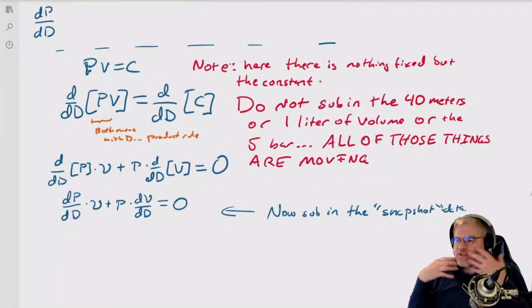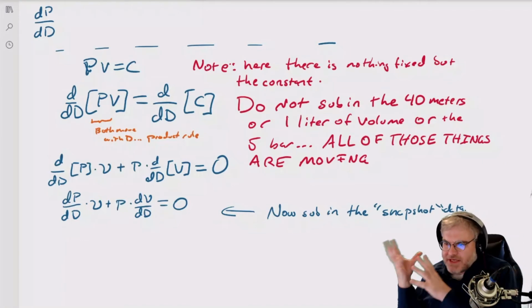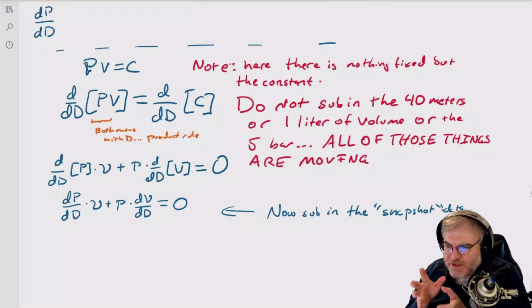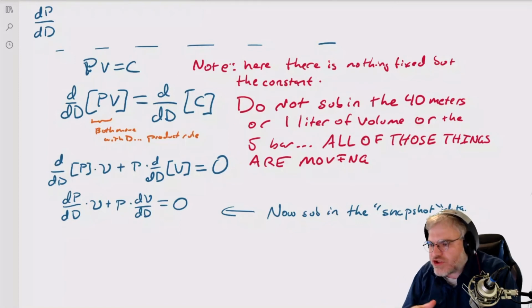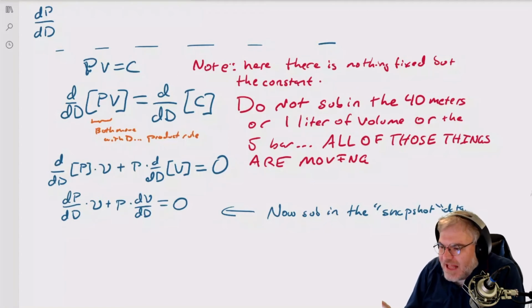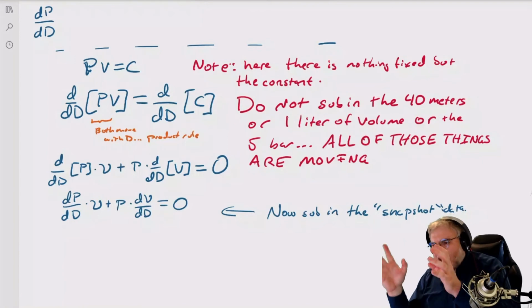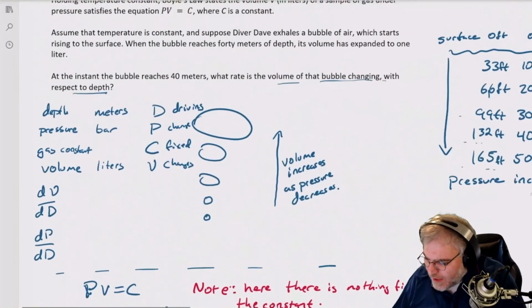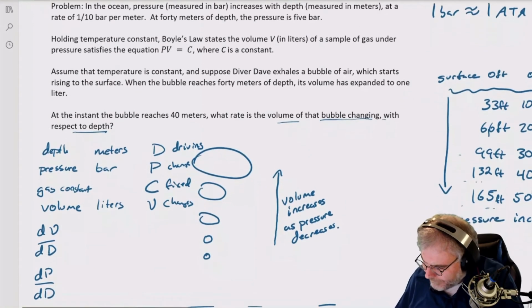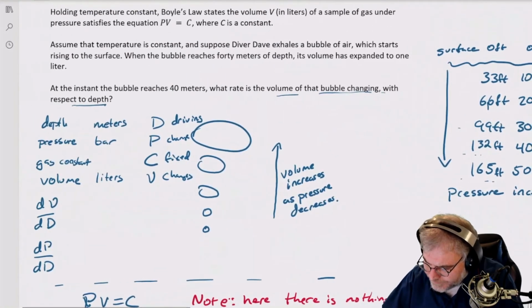So let me say what I mean about the snapshot here. There are things that are moving, and there are things that are fixed. The things that are fixed don't change: time, depth, whatever. The things that don't move, period. And then there's a moment in time or a moment at depth where I have the snapshot, where I've taken a picture of things that are moving. And that's this data. So let's make a note here.